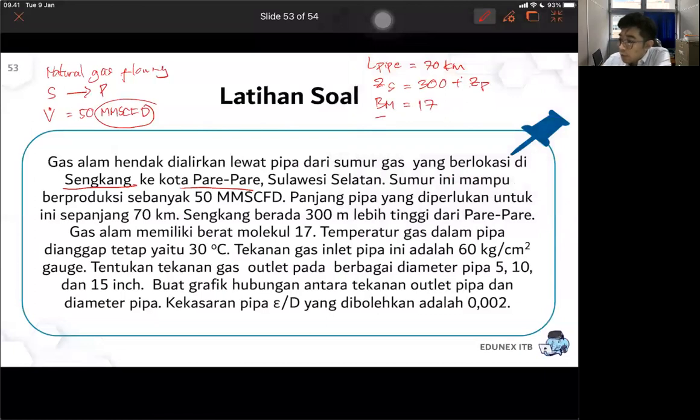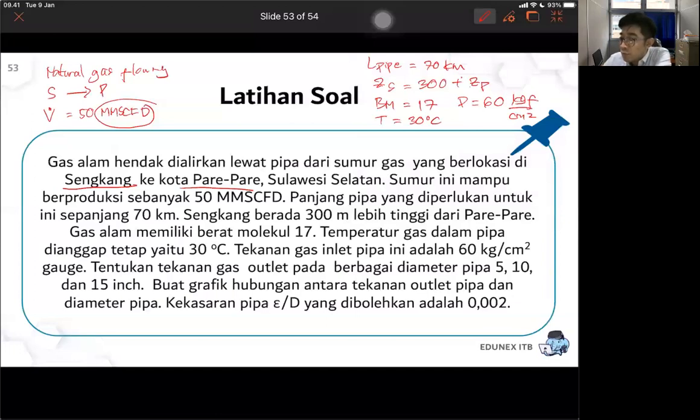The temperature of the gas is 30 degrees C, and the pressure will be 60 kilogram per centimeter square. So this one should be kilogram force, because pressure will be force divided by area.